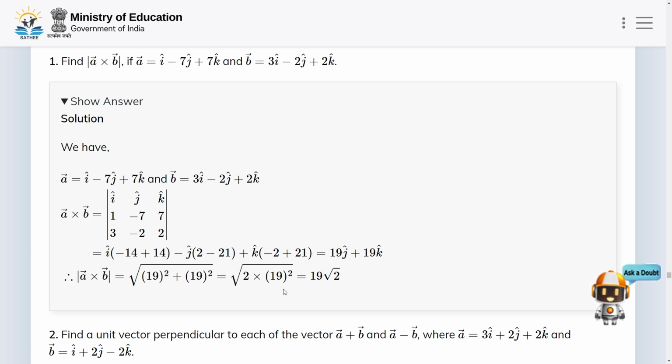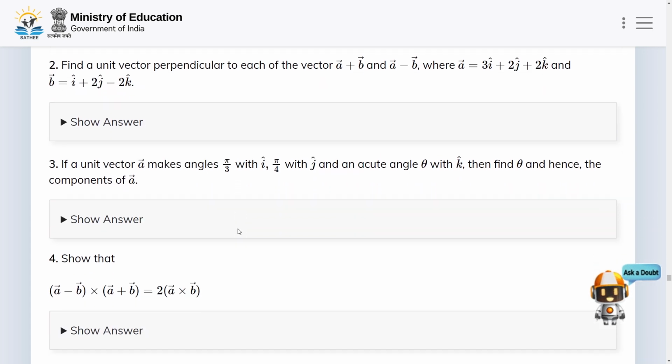You will get your magnitude. So 19 root 2 will be your magnitude for the given A cross B cross product.